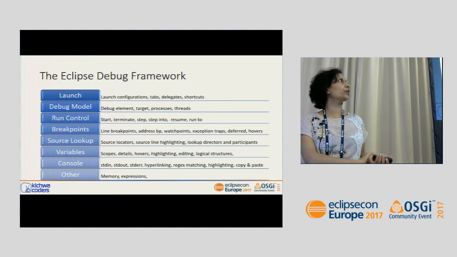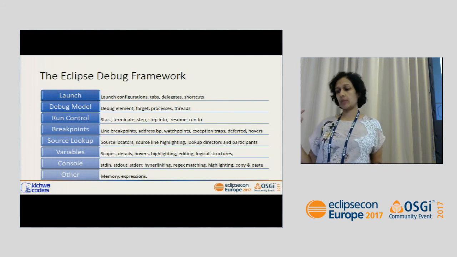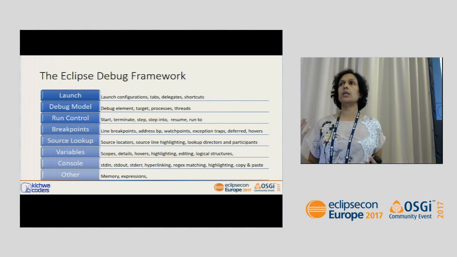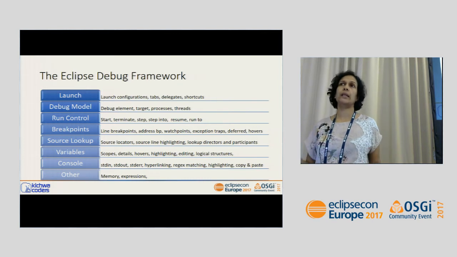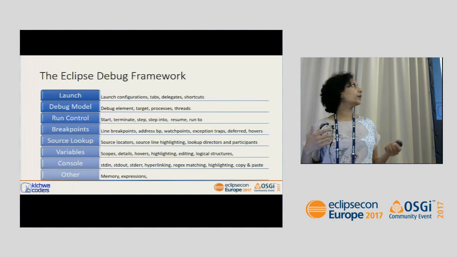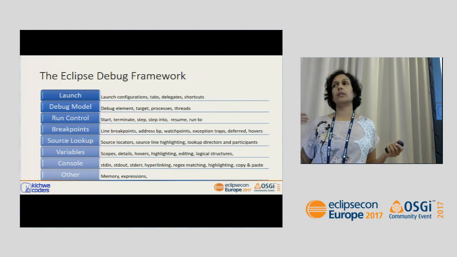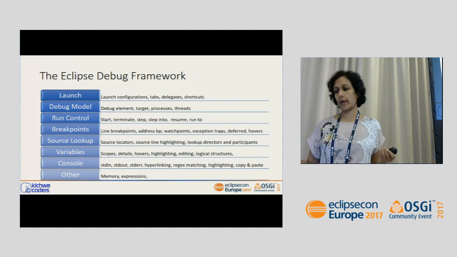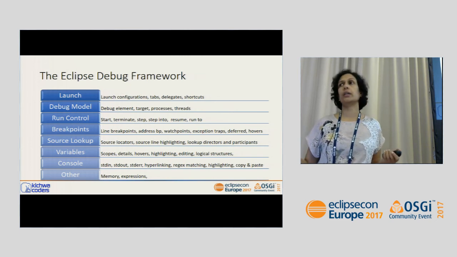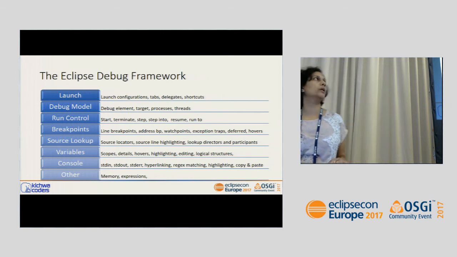From the minute you launch, you're dealing with the processors, and sometimes we have support for multiple launch configurations where you might be debugging a client and server together, or multiple languages across something like JNI. Then you've got the debug model itself, and this deals with the target, the processors, and the threads. So you might have multi-threaded, you might have multiple processors, as we do in a lot of the embedded space.